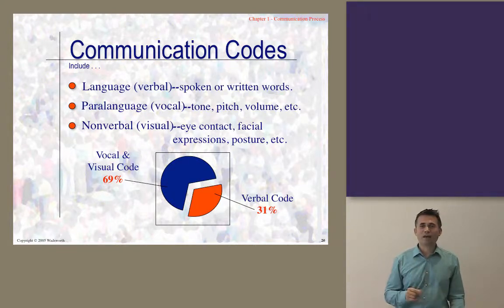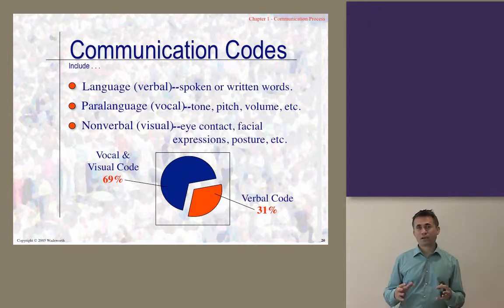And guess what? Vocal and visual code, when you combine the sounds, the volume, the pitch of the voice, the clarity of the voice, together with the gestures, body language, nonverbal communication, it accounts for almost 70% of all the communication meaning.